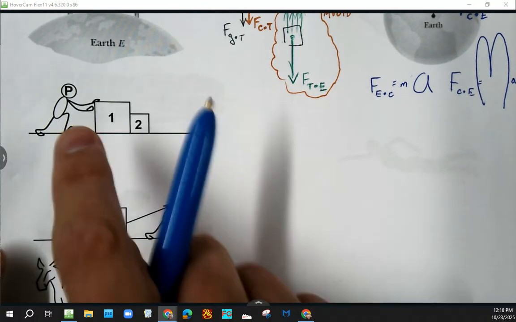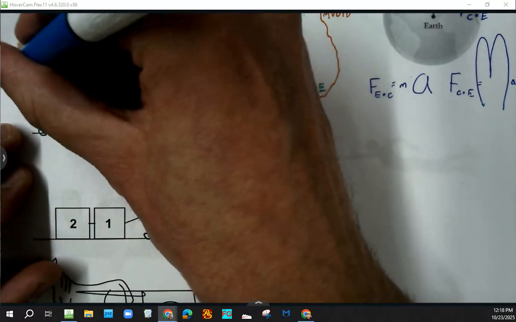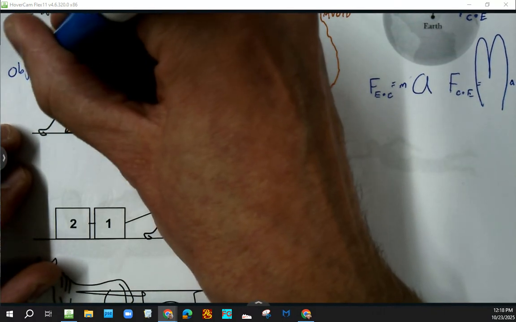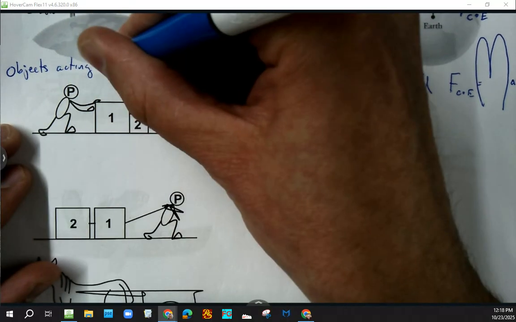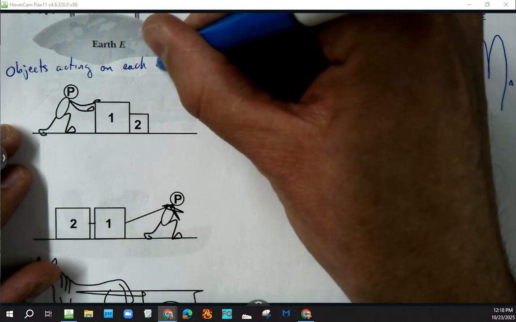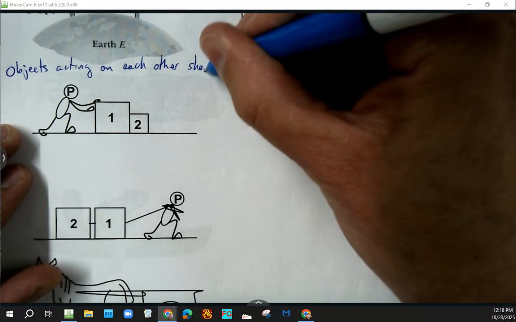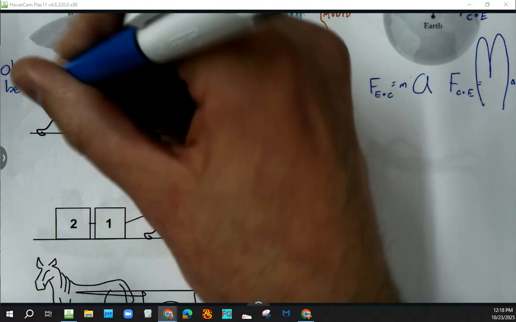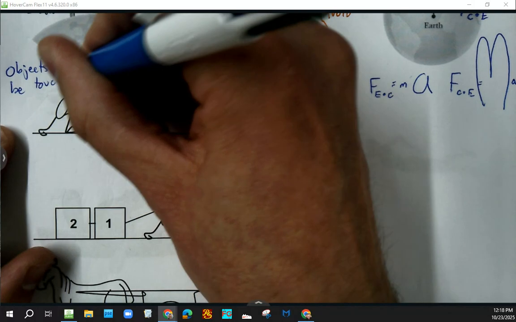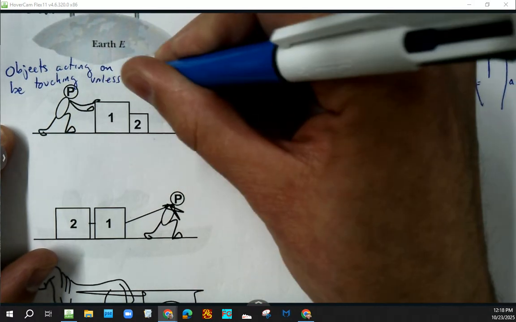I want to take a look at something that's more down to earth, though. Somebody pushing a box. So I want to make a little statement: objects acting on each other should be touching unless a field is involved.